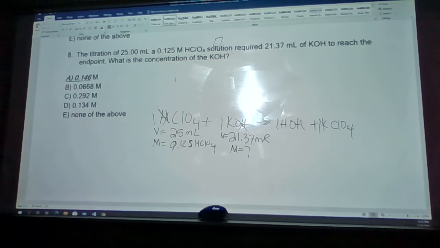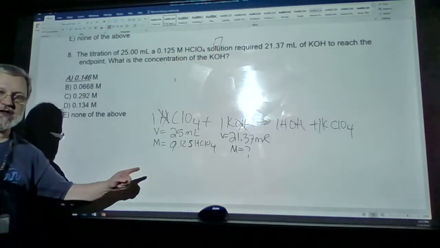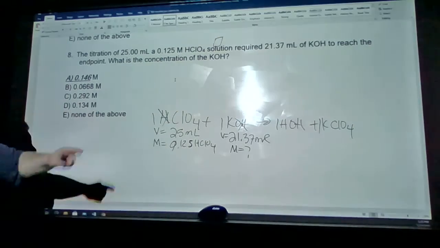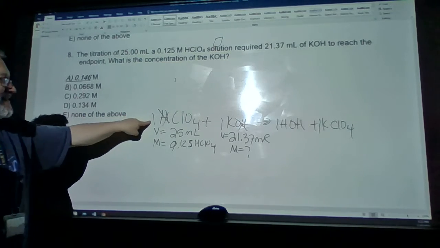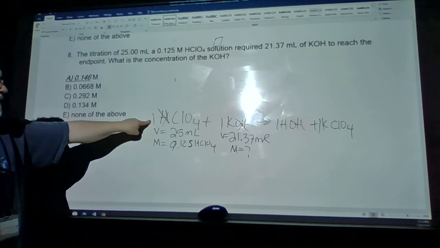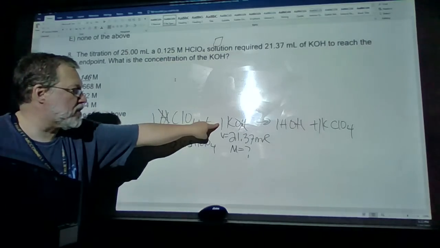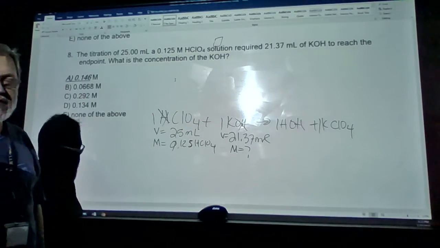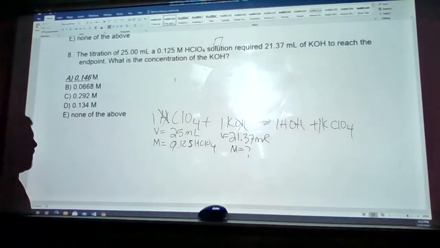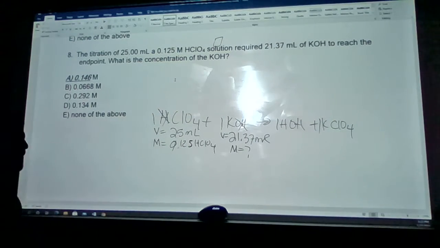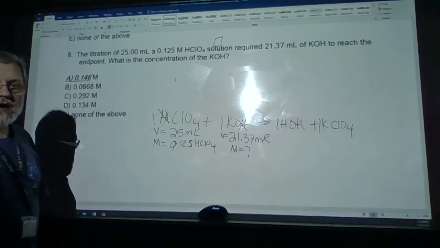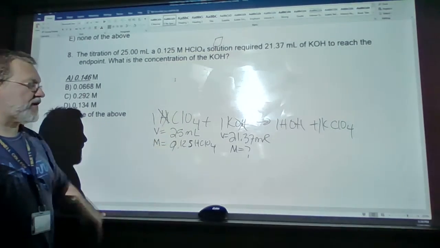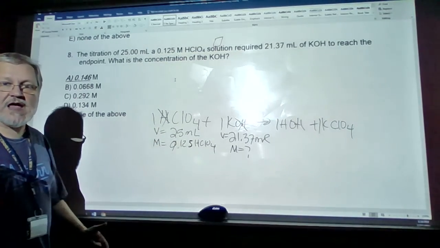We have one other point of information we've not identified or written down. This reaction equation says 1 mole of this reacts with 1 mole of that. That's what the coefficients say. Well, do we have 1 mole of this? No. Could we figure out how many moles of HClO4 we do have? Yeah, we can do that.